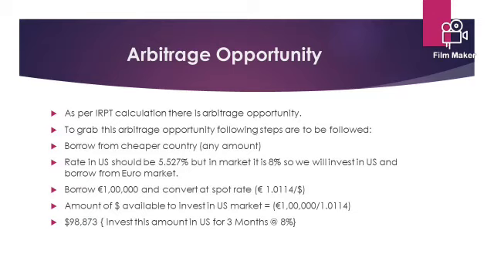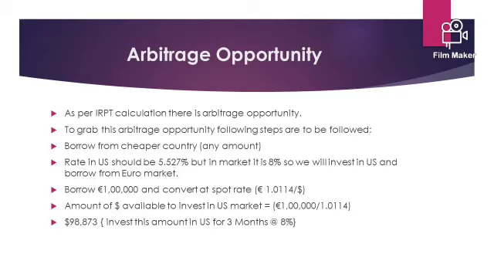And now our decision is we will invest in the US market. So this $98,873 which we have right now, we will invest in the US at 8% for 3 months, and we will earn interest on this investment. So this is the first half we have done. We have decided to invest in the US market.